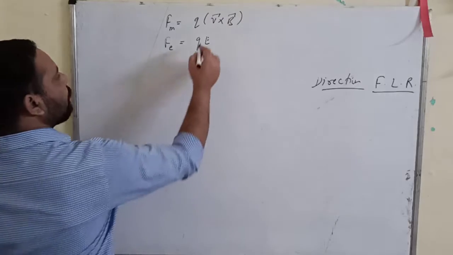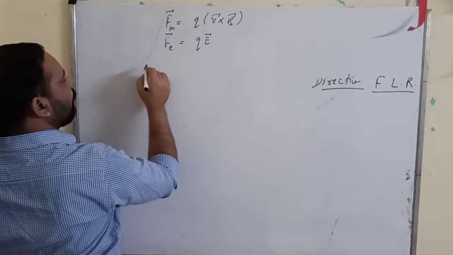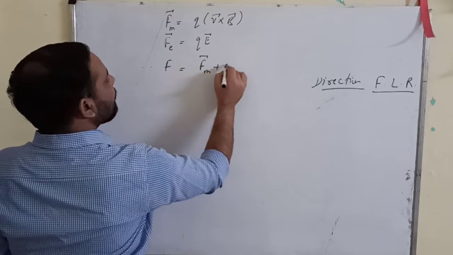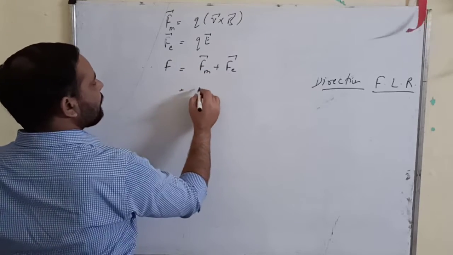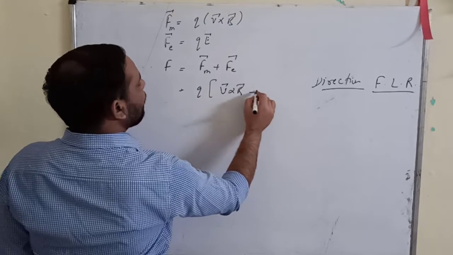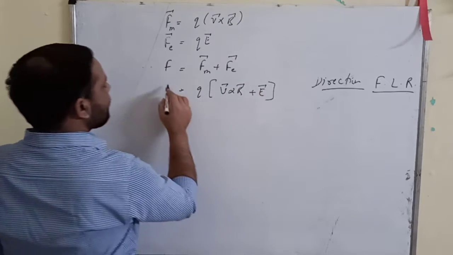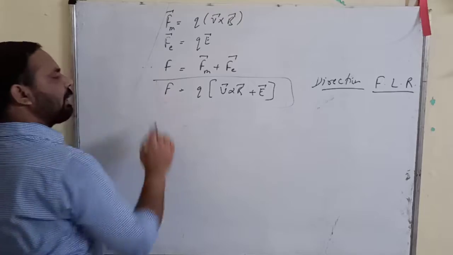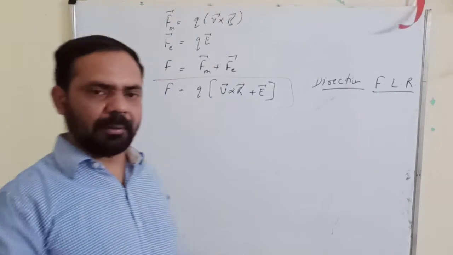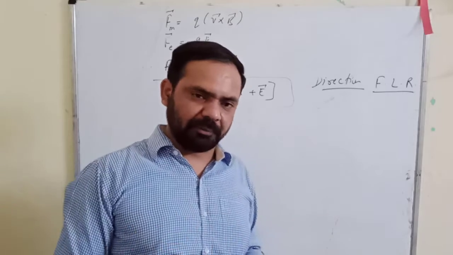Okay, QE. So what will be the total force? This is equal to Fm plus Fe. So you can take Q common, and it is Q times (V vector cross B vector plus E vector). This is the total force experienced by the charge moving through a region having both electric and magnetic fields.